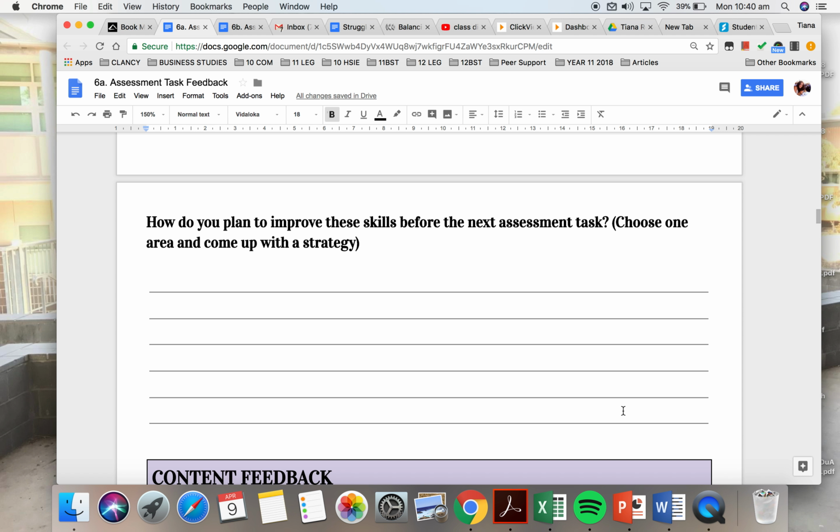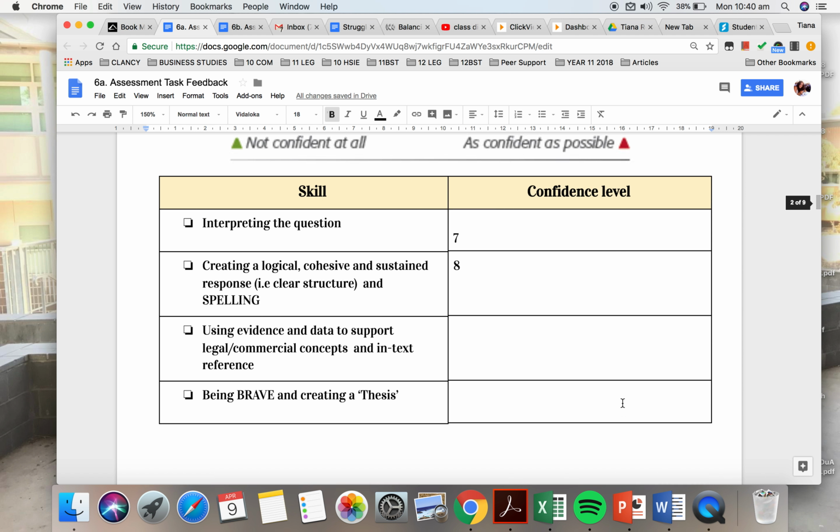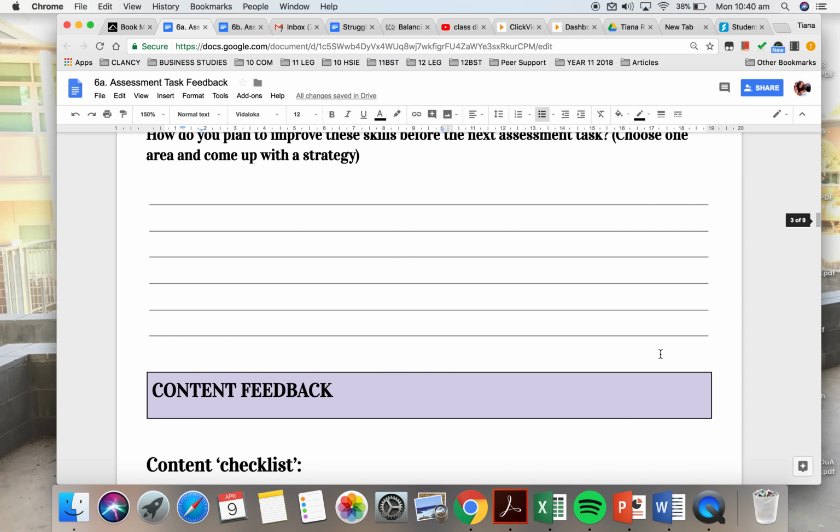Now we're going to focus on how do you plan to improve these skills before the next assessment task. So this is committing to the action. Choose one area and come up with a strategy. So your area might be creating a logical and cohesive and sustained response with a clear structure and improve your spelling. Okay, so it might be that your strategy is that you create a glossary of terms where you can practice your spelling of those terms.